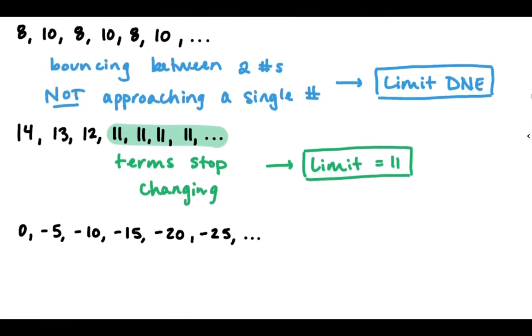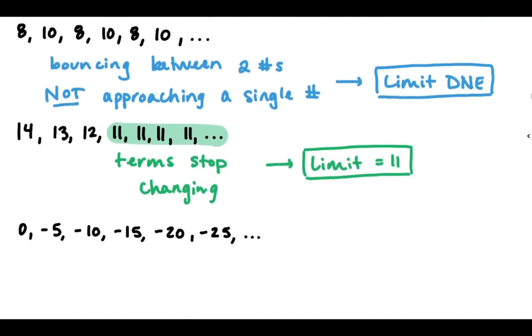Okay, next sequence, 0, -5, -10, -15, -20, -25. Pretty clear our sequence is an arithmetic, subtracting 5 each time. So we want to ask ourselves, are we approaching a single number as we go farther out in our sequence? As we go farther out, this sequence is going to keep decreasing. It's going to keep getting more and more negative.